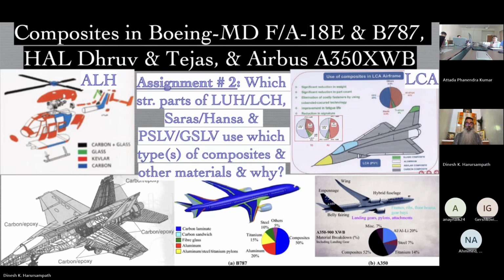So I would like you to go through some of these Indian aircraft and helicopters, the Light Utility Helicopter and the Light Combat Helicopter, LUH and LCH. Then there are some manufactured by the National Aerospace Laboratories, NAL. These are all composite aircraft, Saras and Hansa, for different purposes, training and small-size passenger aircraft.